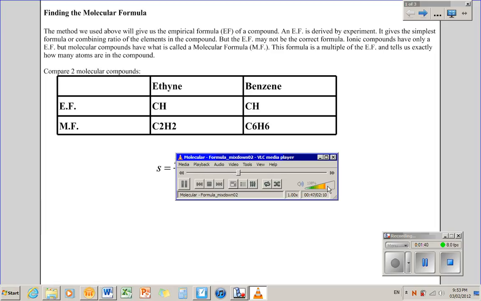Yeah, that helps. Find the multiplier, you divide the molar mass by the molar mass of the empirical formula.